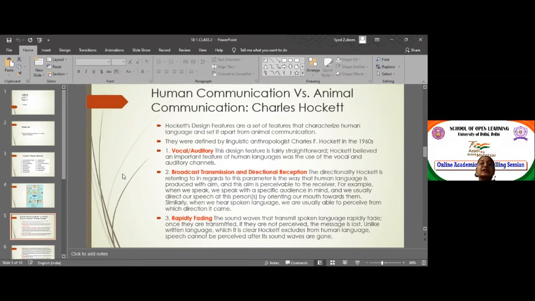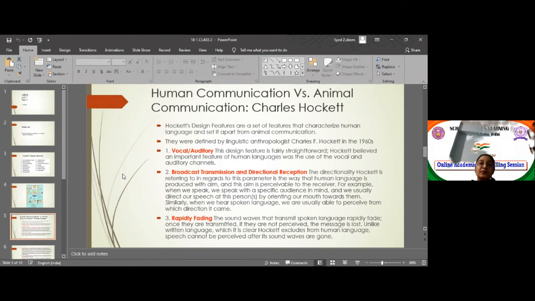For example, if you're sitting in a physical class and the person right at the back calls out, "Ma'am, I have a question," I would be looking towards him. I would know where the sound came from, right? I would not be looking elsewhere. I would not be looking outside of the window to see where the sound came from. I would be looking at the person or the student or the learner that has asked me the question.